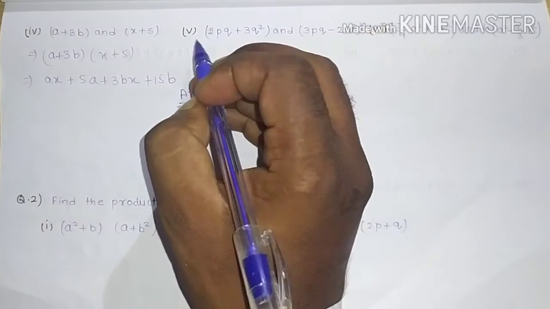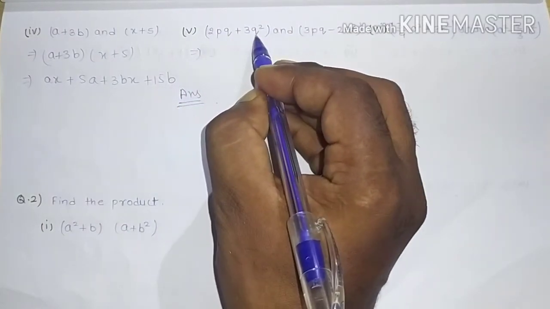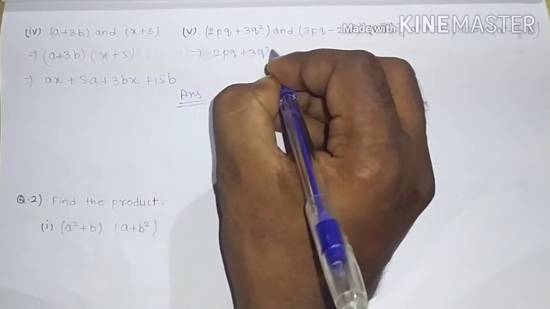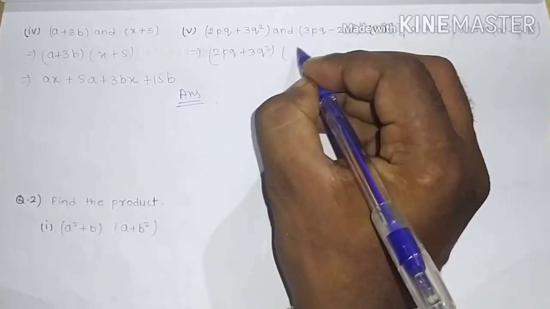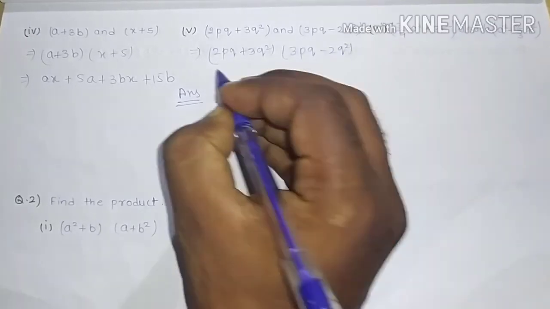Now question number 5. 2pq plus 3q square is multiplied into 3pq minus 2q square.